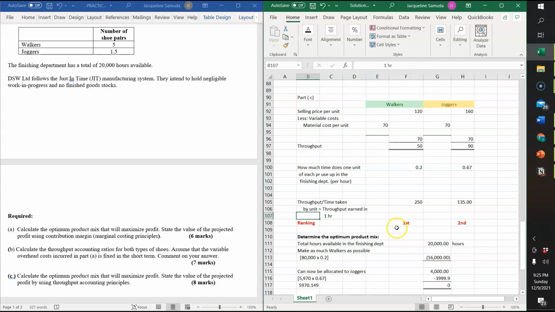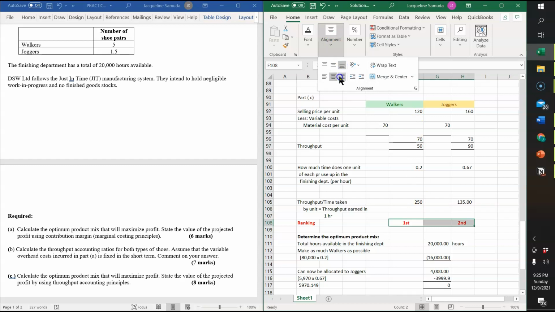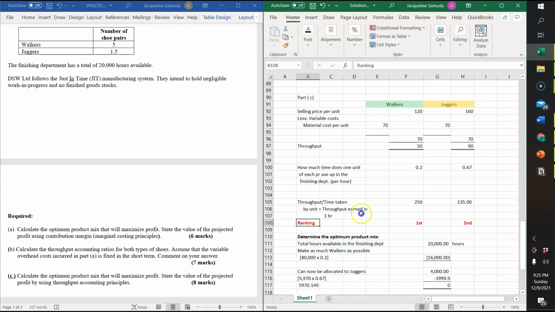Now, because the ranking does not change, meaning that based on the throughput earned in an hour, it shows that walkers are more profitable. It means that the computation is not going to change in relation to our answer in part A, because this is still telling us based on the ranking, make walkers.